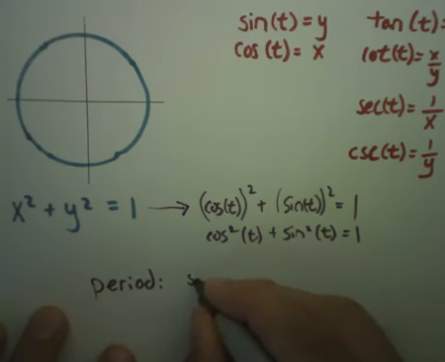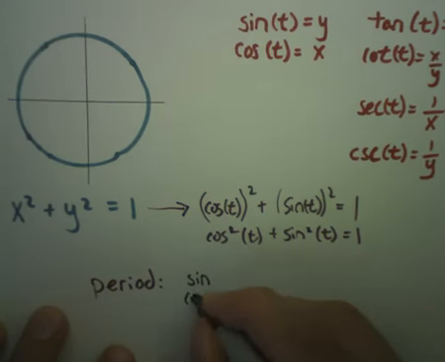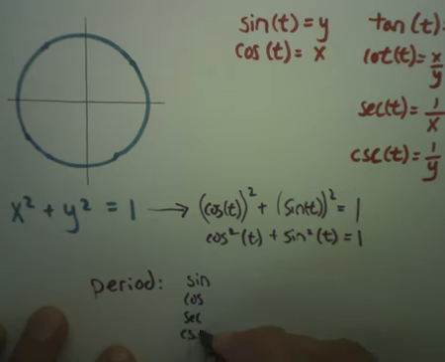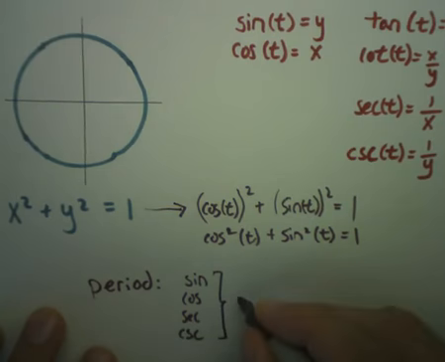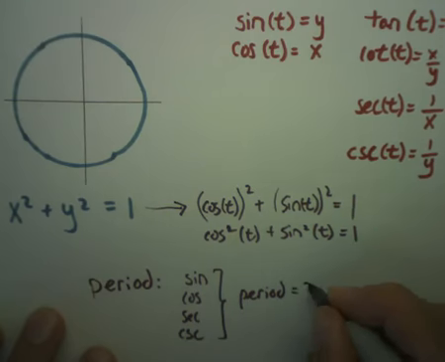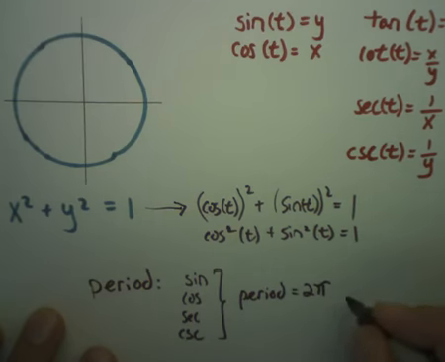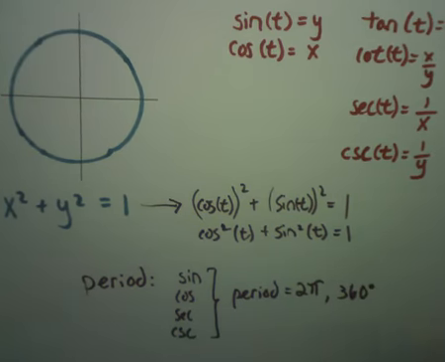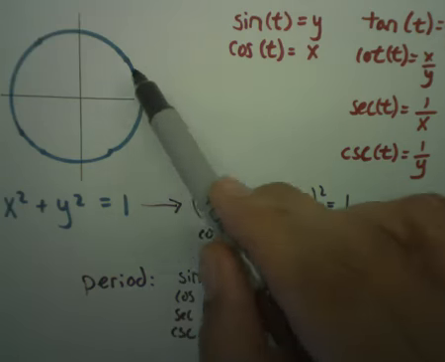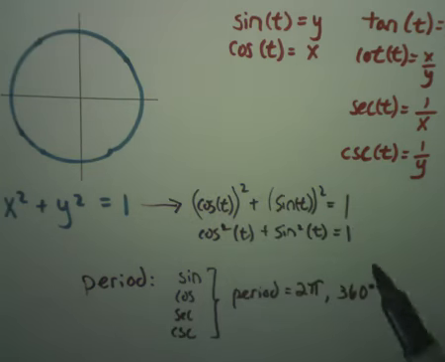So for sine and cosine and secant and cosecant, the period for all of those is 2 pi, or 360 degrees, which kind of makes sense. After you've gone around the circle once, you start picking up the same values again as you go around the second time.